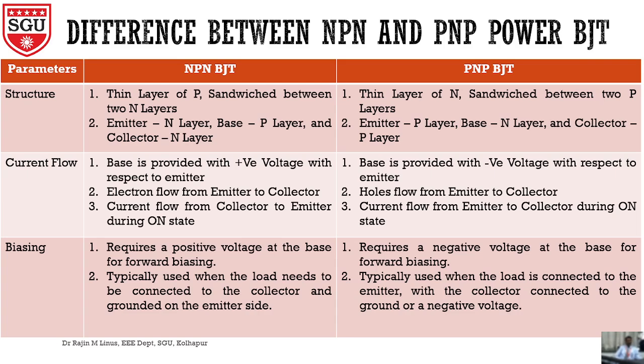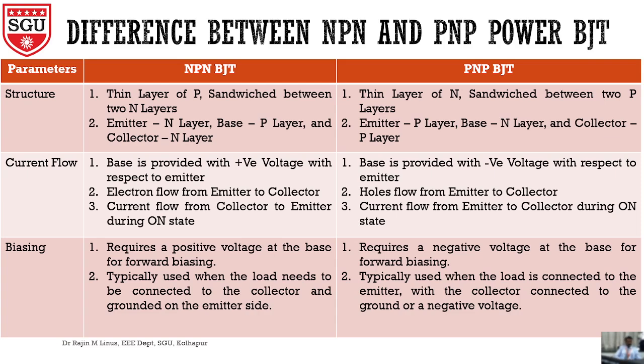Then biasing. The NPN bipolar junction transistor requires a positive voltage at the base for forward biasing. At the same time, the PNP transistor requires a negative voltage at the base for forward biasing.